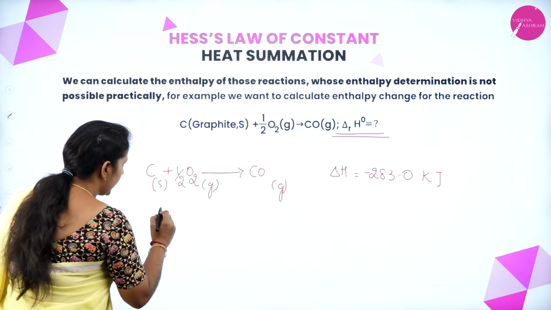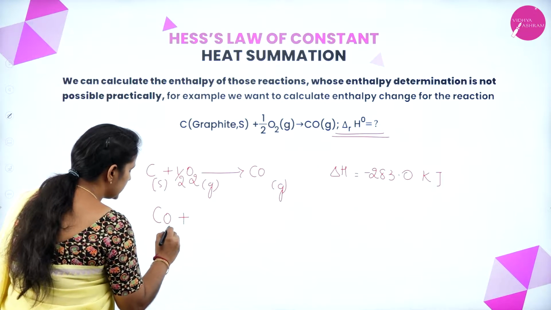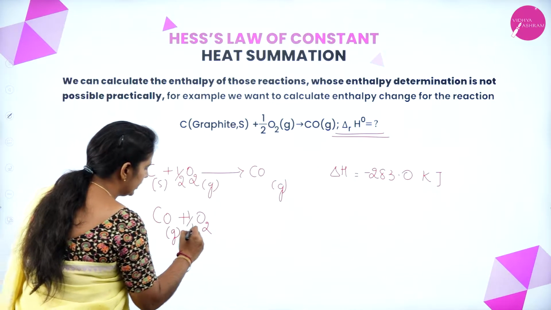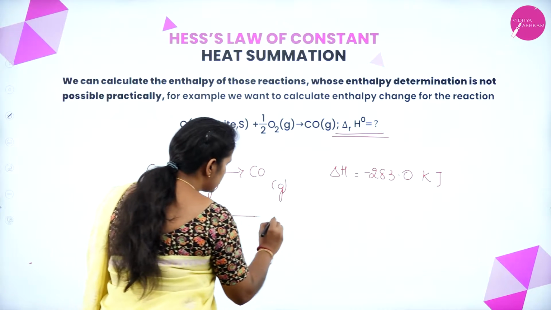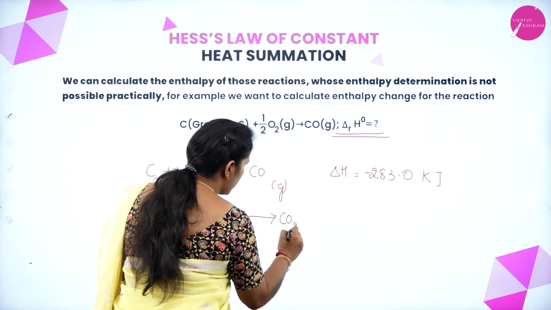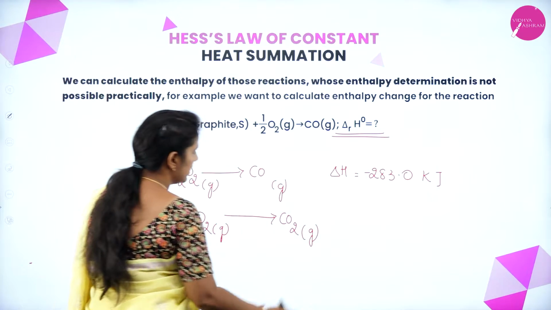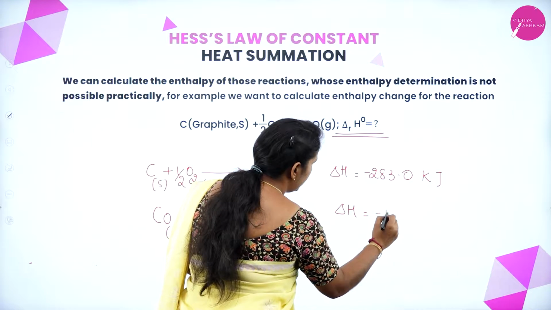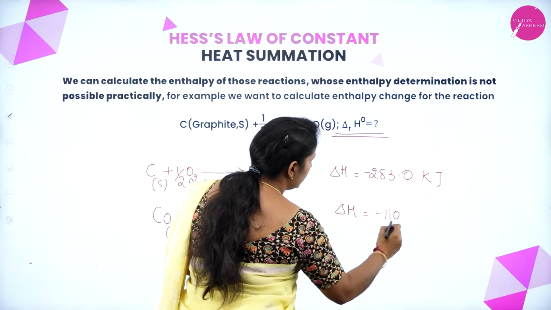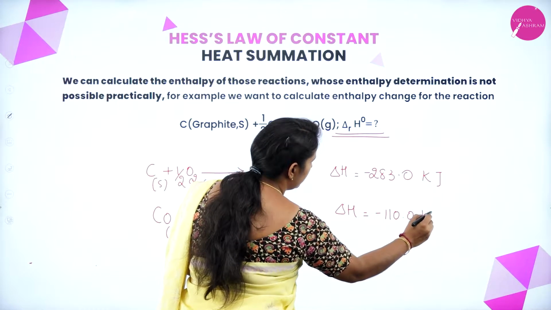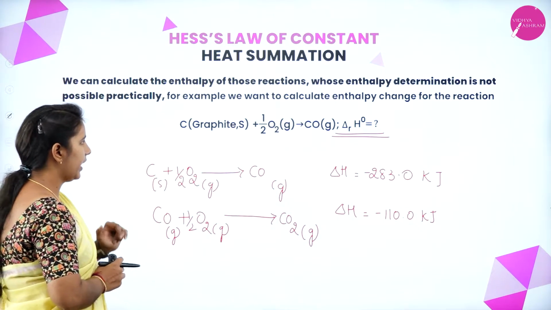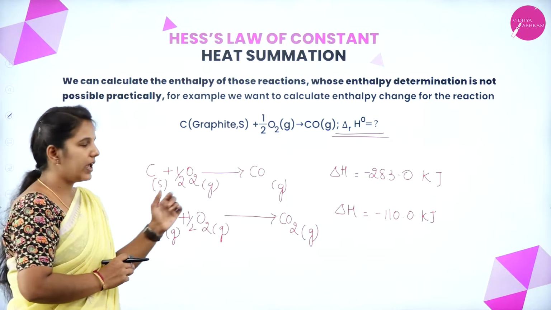I'll consider one more reaction where carbon monoxide, a gas, further reacts with oxygen, giving rise to carbon dioxide, which is a gas. The change in enthalpy for this reaction is minus 110.0 kilojoules. Now if you see these two reactions, what is the reaction I want?